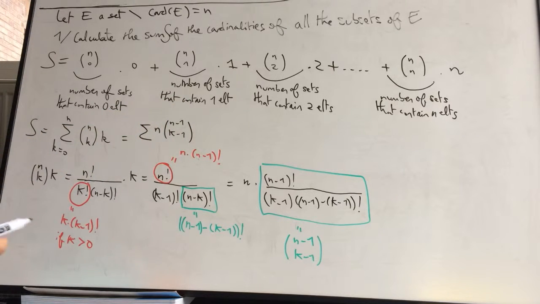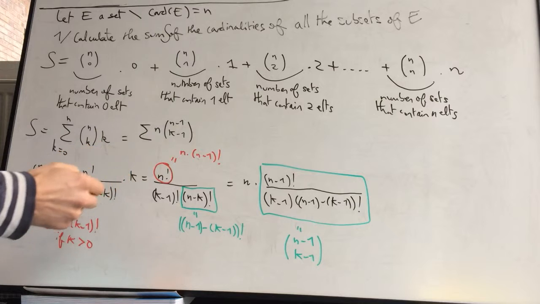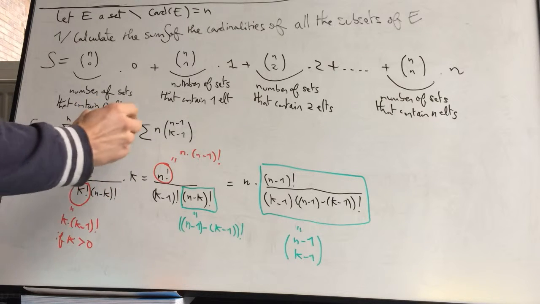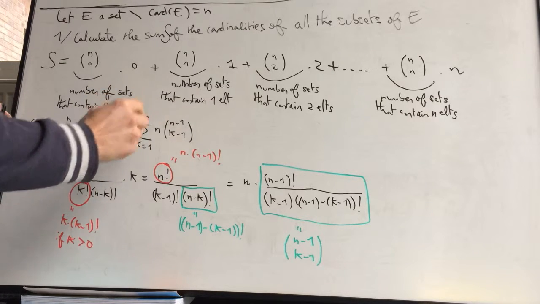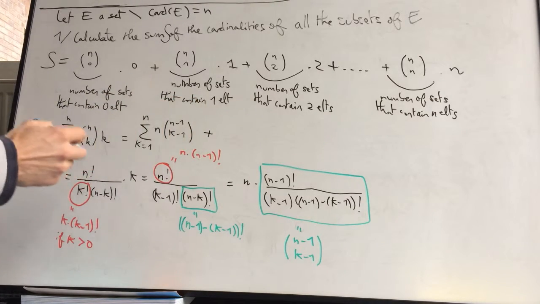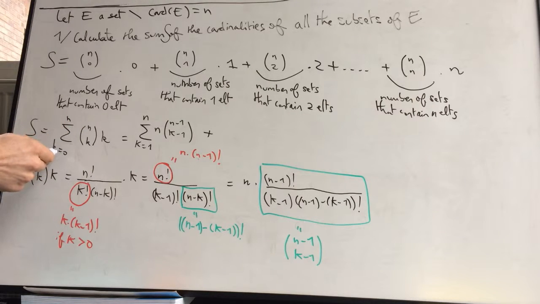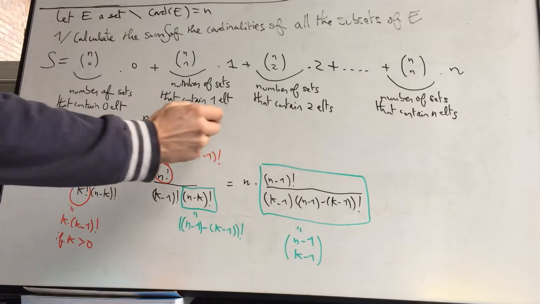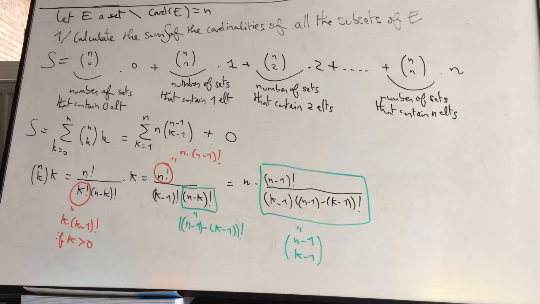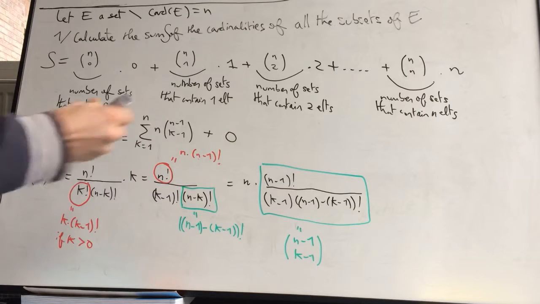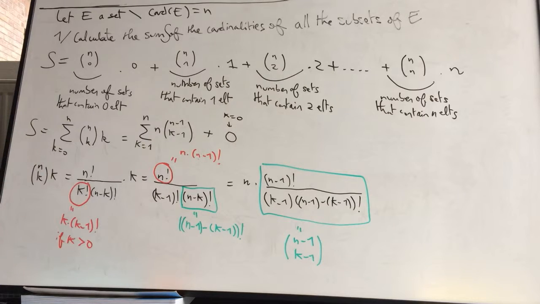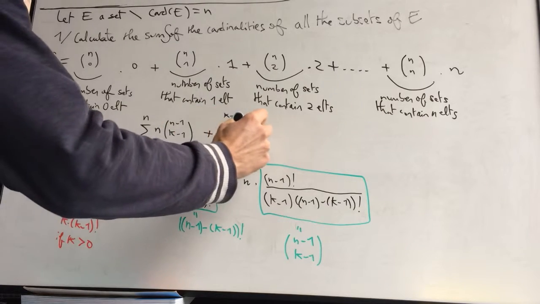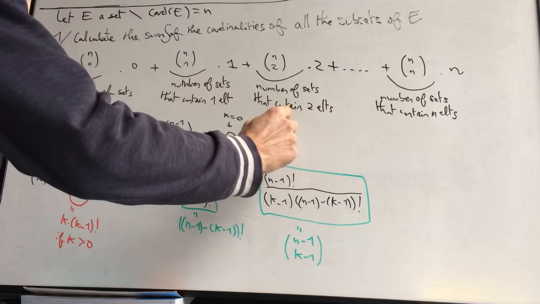K is going from... we can start from k is equal to 1, because if we isolate the term corresponding to k is equal to 0, anyway it's equal to 0. And then we can factor by n in this summation.